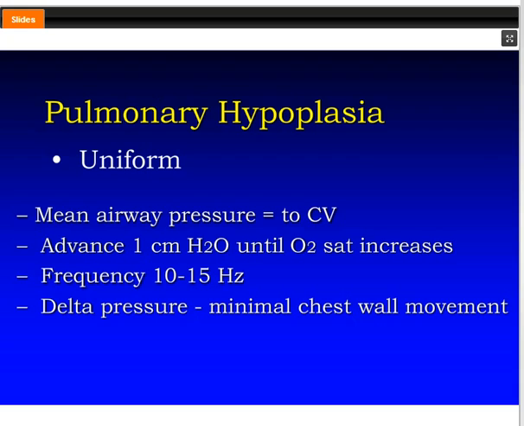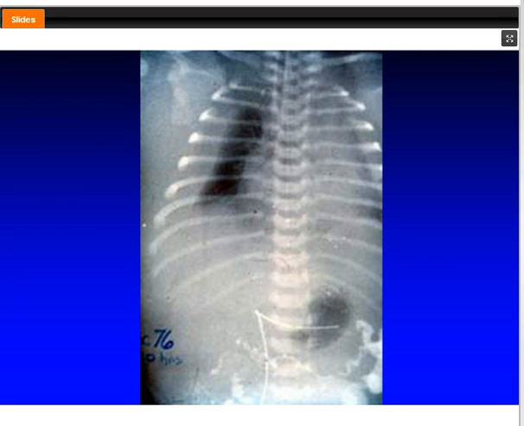Frequency should be faster for these babies to minimize peak to trough pressures in the distal lung and hopefully minimize injury to what is now a small lung. This is a typical baby who would have that, who has severe hydrops at birth and has very small lungs.